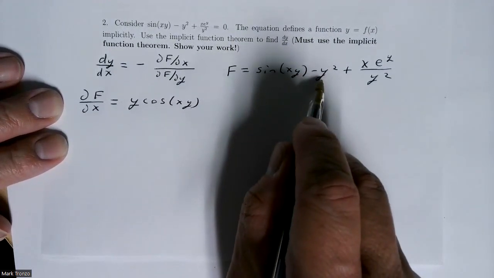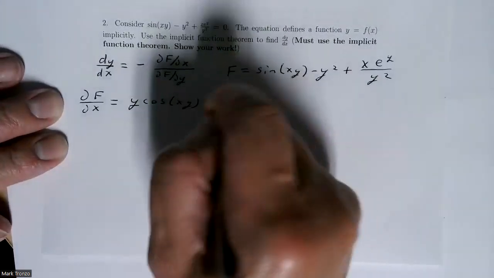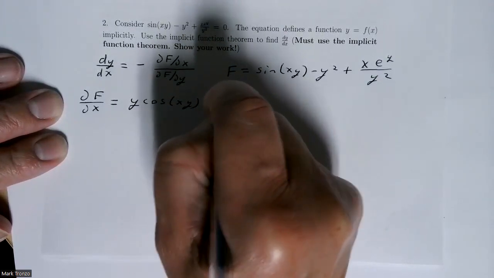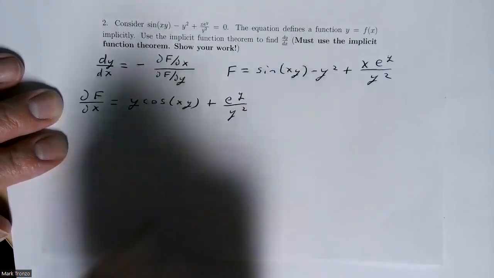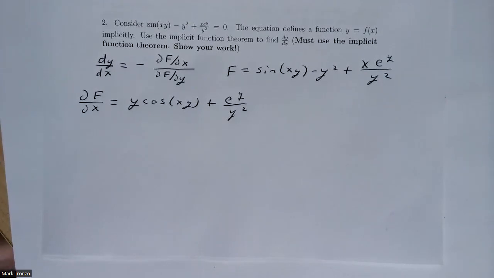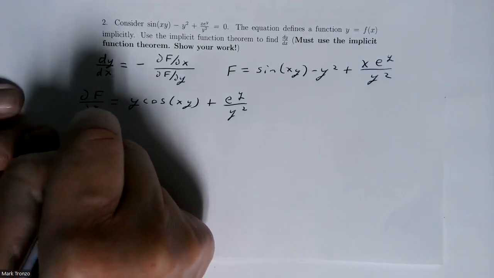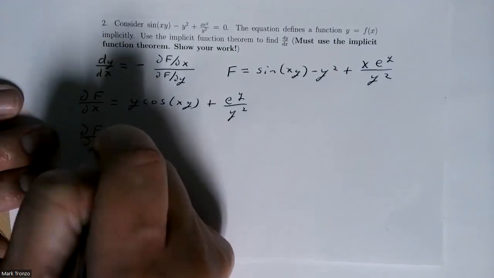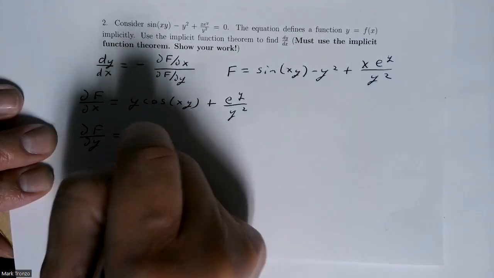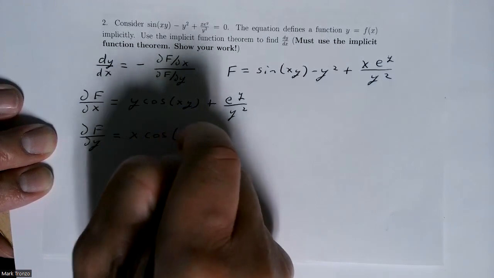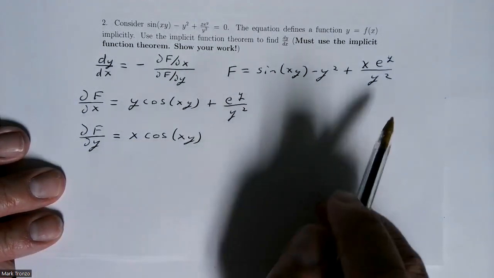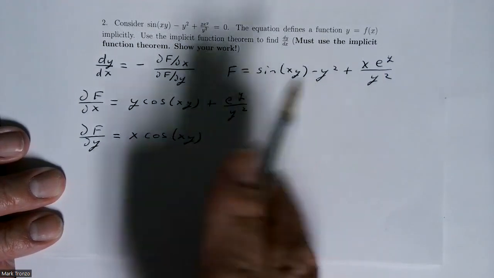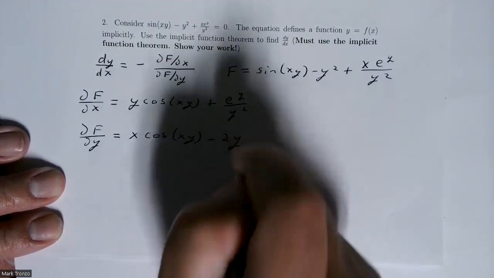And then over here, this is going to give us plus e to the y over y squared. Then df/dy is going to be x cos xy, and over here, once again, we have negative 2y.